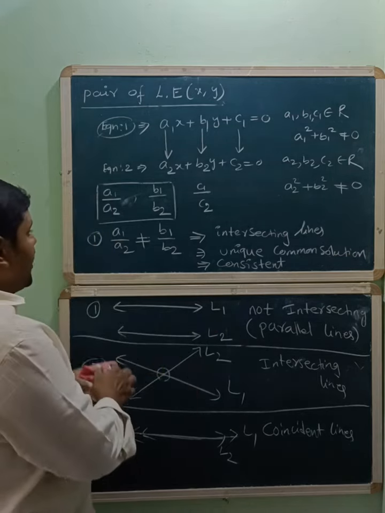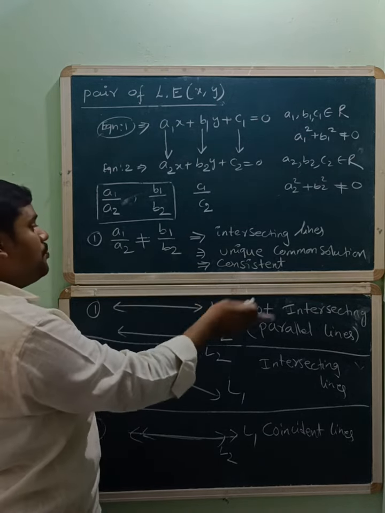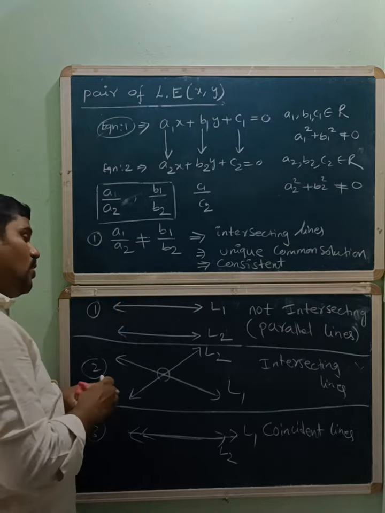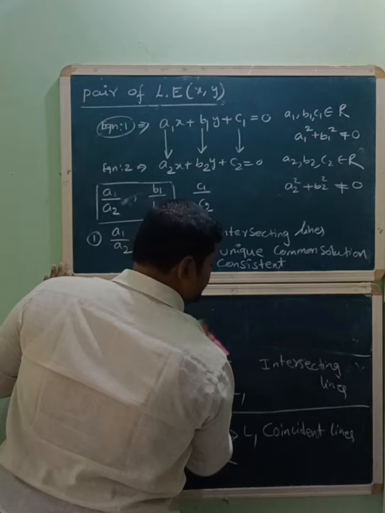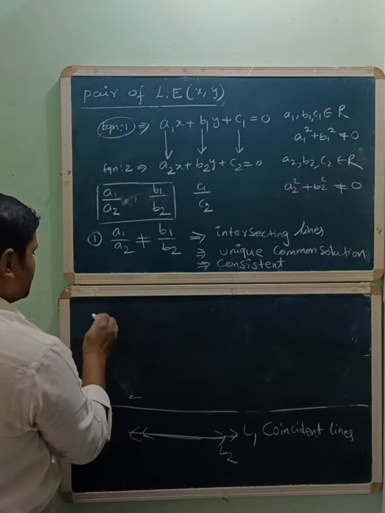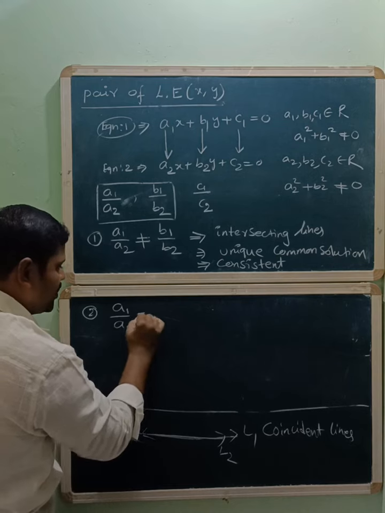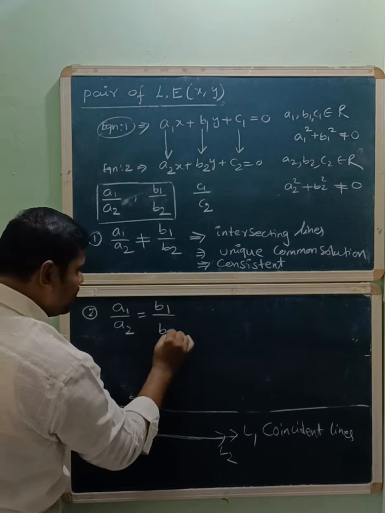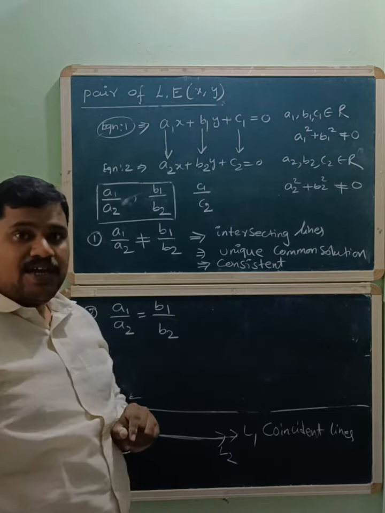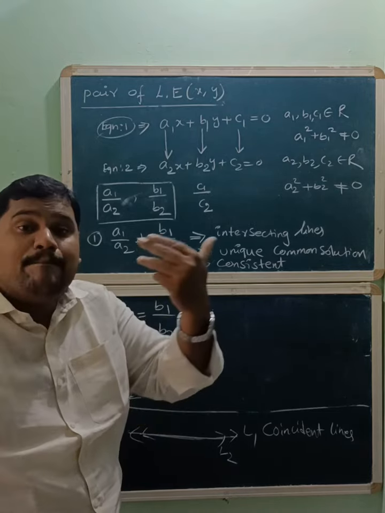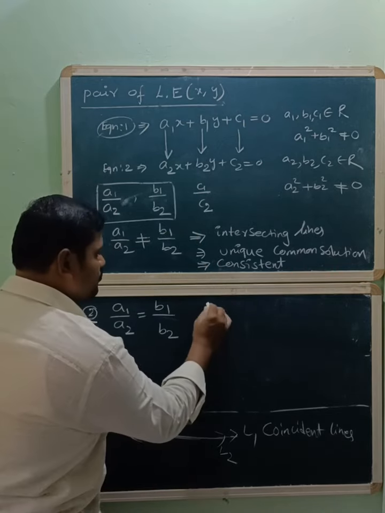Now the next one. Suppose a1 by a2 is not equal to b1 by b2, then it is intersecting. Suppose the second case: a1 by a2 is equal to b1 by b2. Suppose these two ratios are equal, then you compare with c1 by c2.